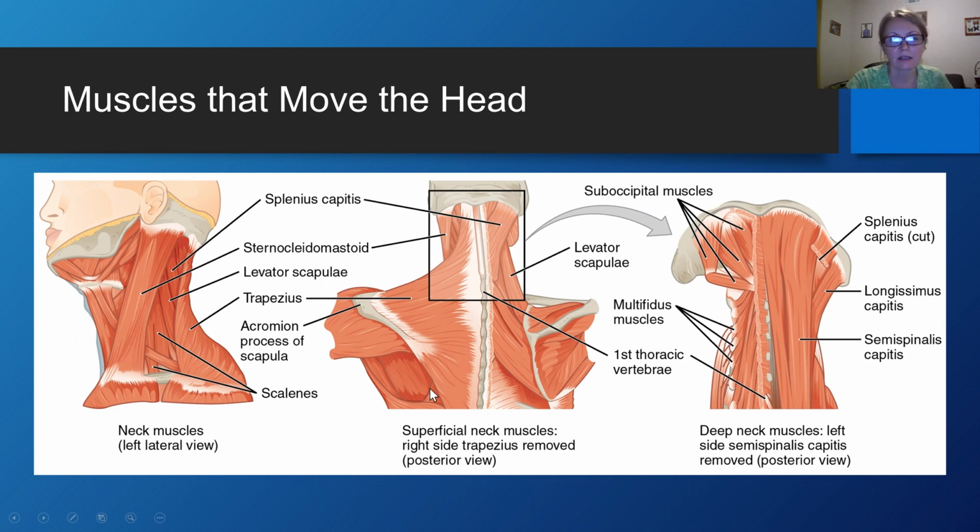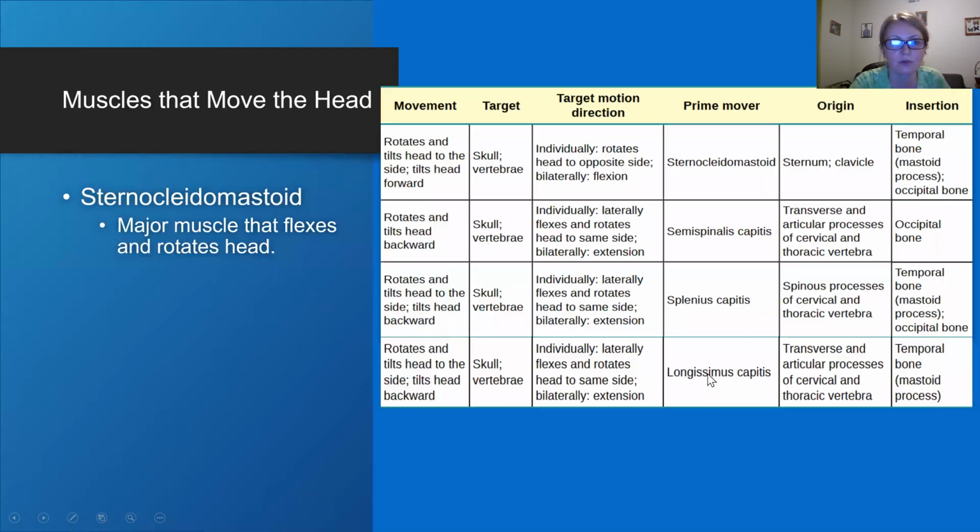Then on the posterior side, we have a muscle that is called splenius capitis. And it's inserted into your occipital bone. And this will hyperextend your head, right? We will not look at deep muscles at this point.